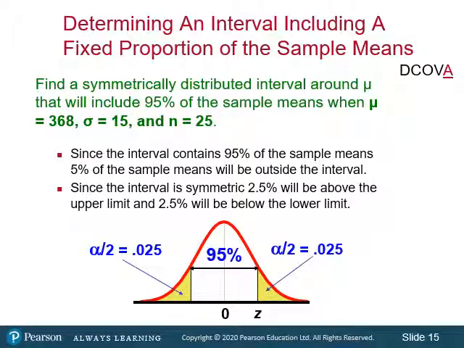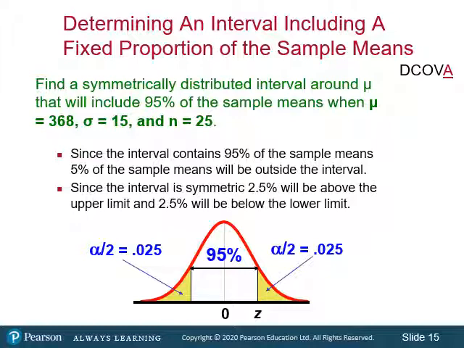Since the interval contains 95% of the sample means, 5% of the sample means will be outside the interval. Since the interval is symmetric, 2.5% will be above the upper limit and 2.5% will be below the lower limit.